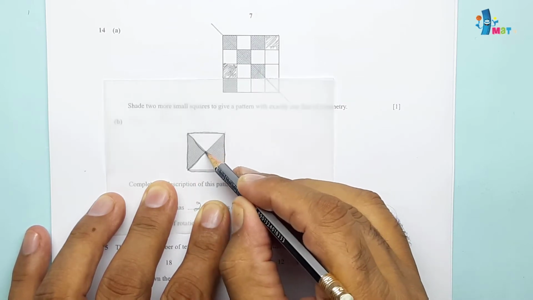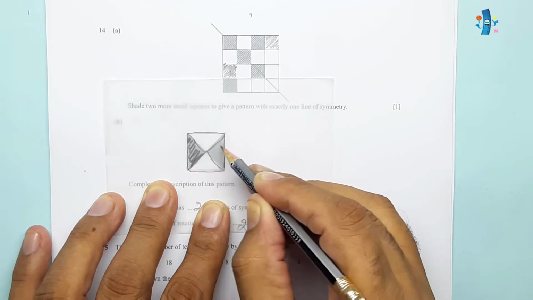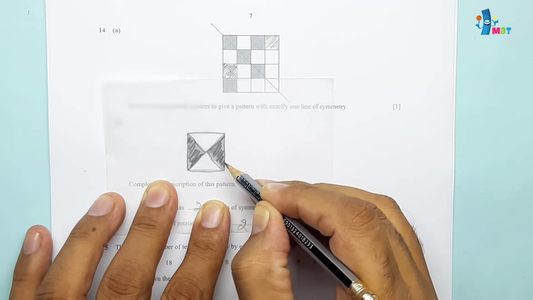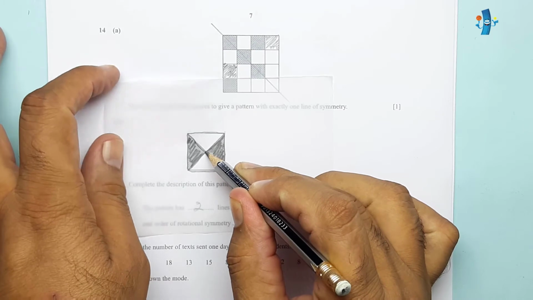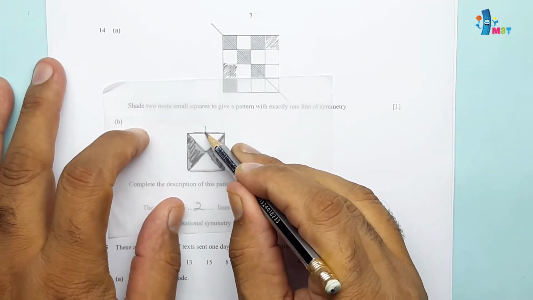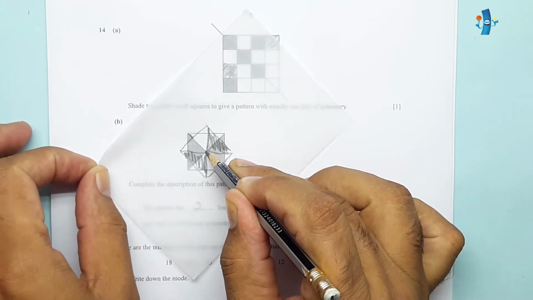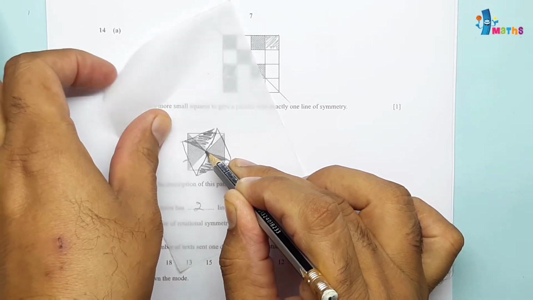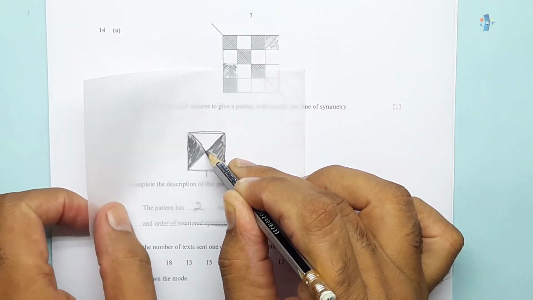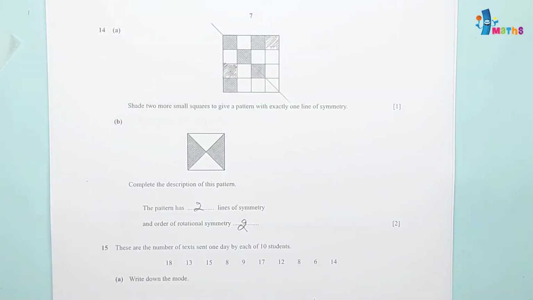After drawing this we can shade. This portion is shaded and this portion is also shaded, and we can rotate this. If we start from this one, this is 1, so this will not fit anywhere, only the shaded part will fit over here. That's all. Only two positions, so the order of rotational symmetry is 2.